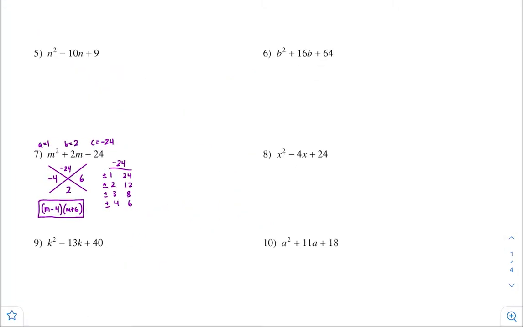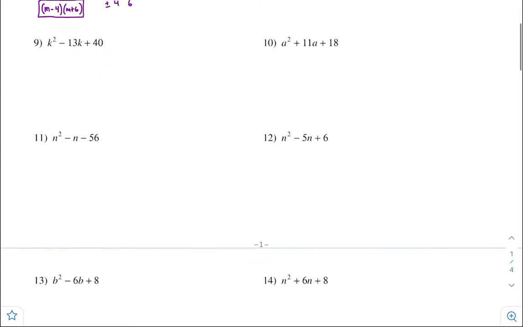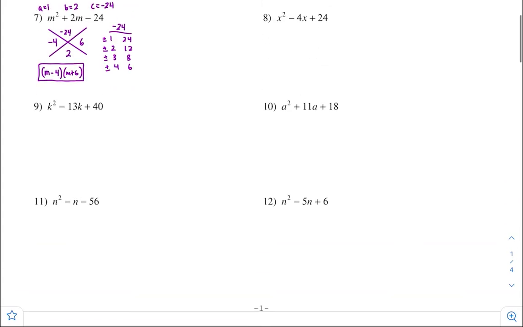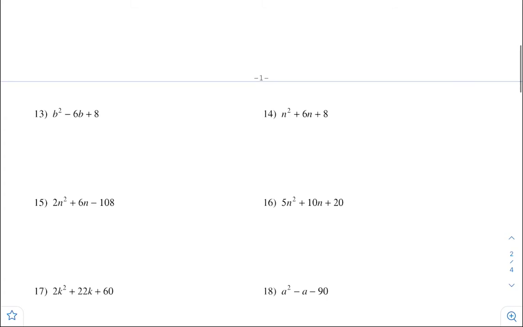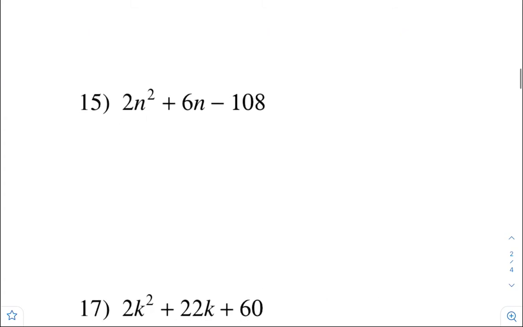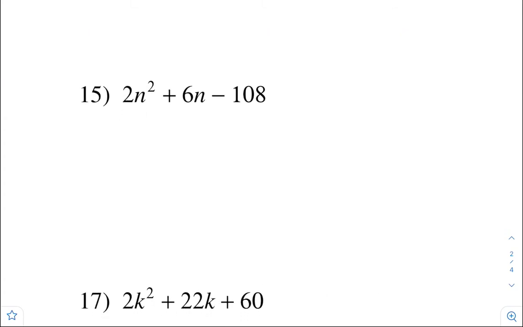A couple of those you're just going to have to do. Now let's go to one where we have to factor out a GCF, like number 15. For number 15, before we start factoring the trinomial, look, there's 2, 6, and negative 108.